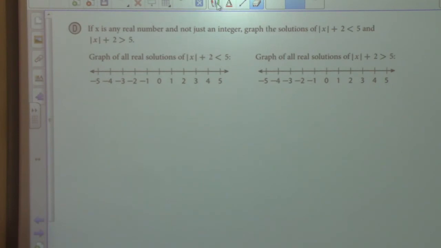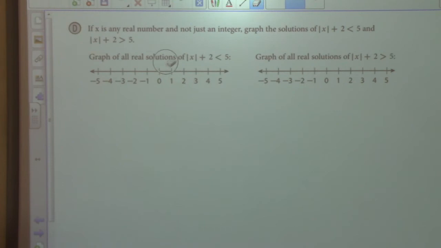And what I did is I actually did that. The less than was this, between them, and the greater than was this. So that's what those look like.